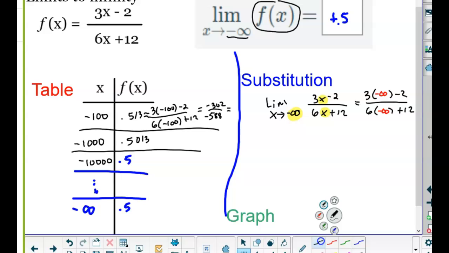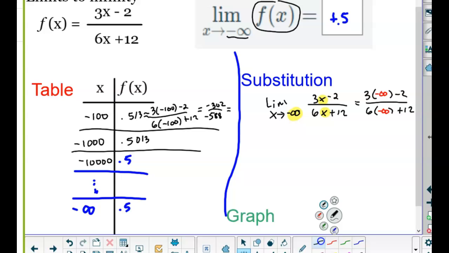I don't know officially what 3 times negative infinity is, but if I triple negative infinity, what do I get? What do you think? 3 times negative infinity is still negative infinity, right? It's the farthest we can possibly imagine, but 3 times further.